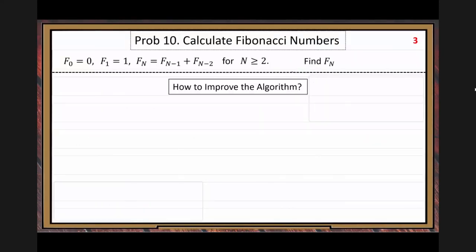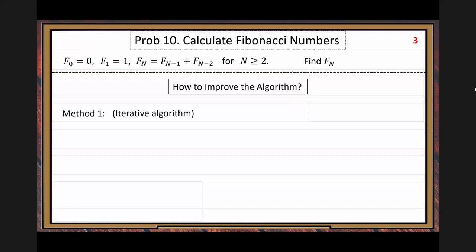Next, we want to improve this algorithm. How to improve the algorithm? Method 1, iterative algorithm. We do not do recursion. The first idea: a lot of redundant computation is due to the straightforward recursion.